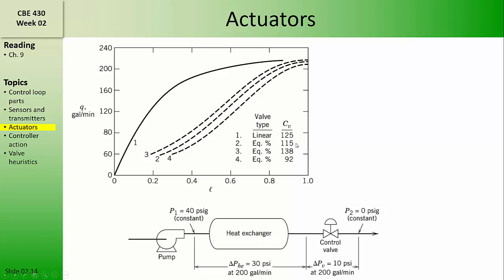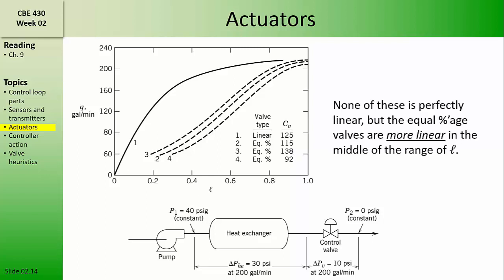Here we chose one with a CV of 115, one with 138, and one with a CV of 92 to compare them. None of these provides a linear relationship between L and Q, but the equal percentage valves appear to be more linear over the intermediate values of L than the linear valve.